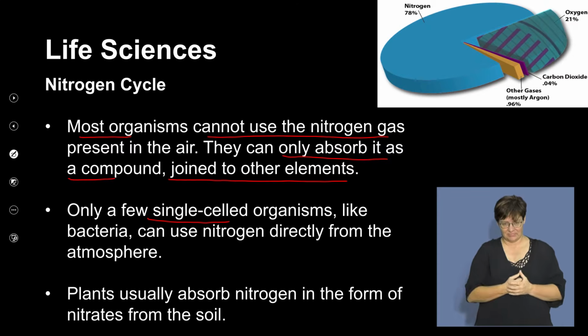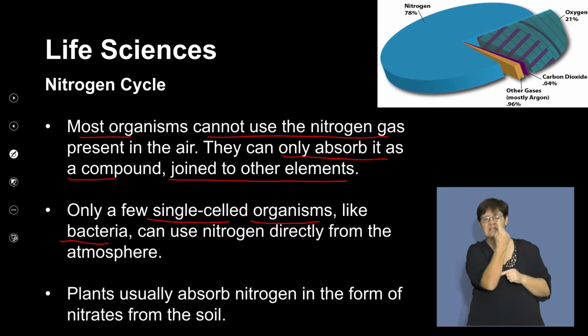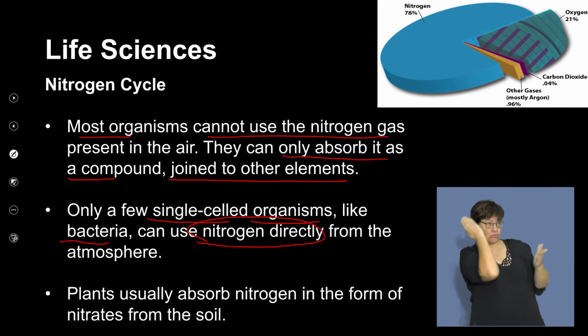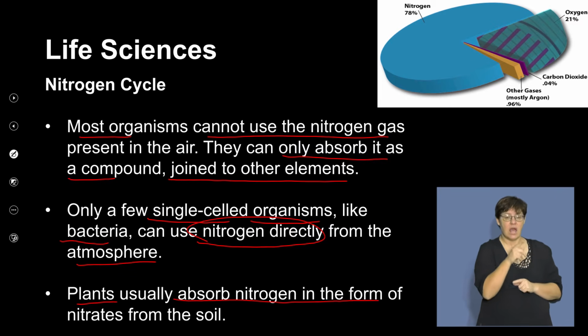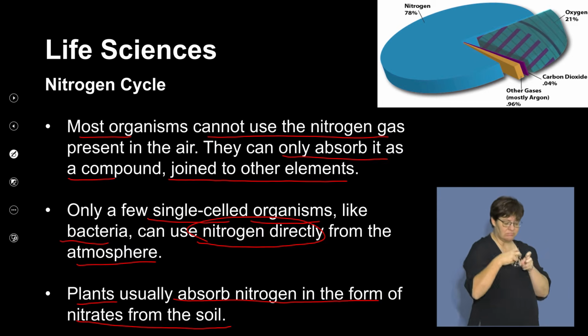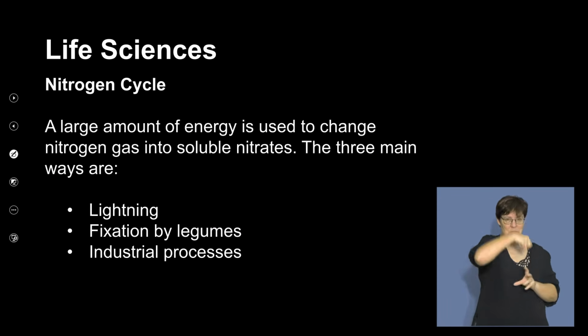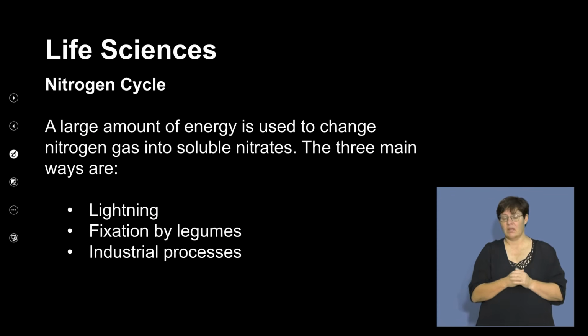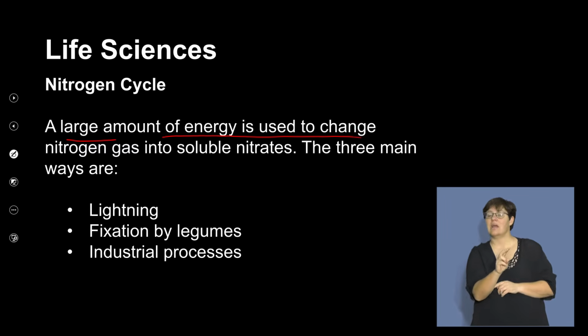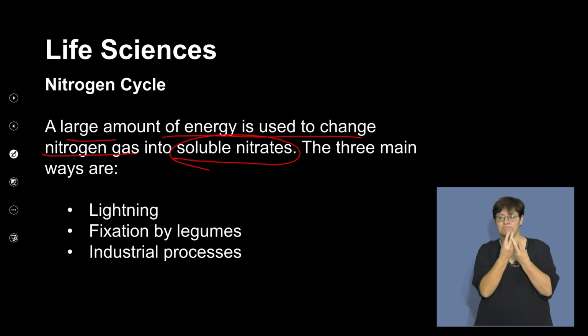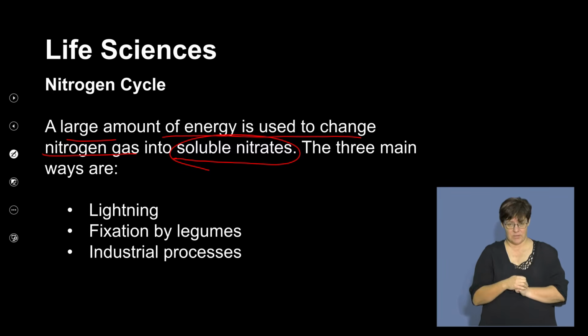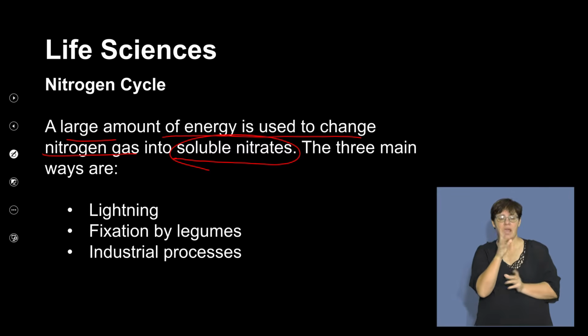So only a few single-cell organisms like bacteria can actually use the nitrogen directly from the atmosphere. Plants usually absorb the nitrogen in the form of nitrates from the soil. It's important that we realize that a large amount of energy is used to change nitrogen gas into soluble nitrates, in the form that is now able to be absorbed by plants.